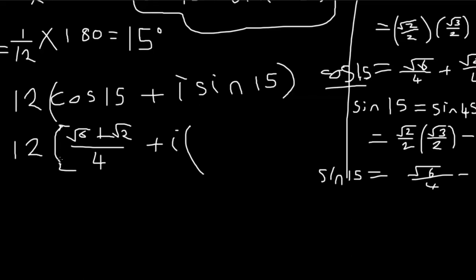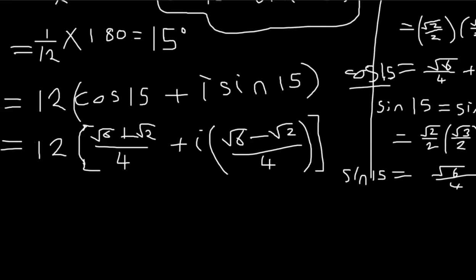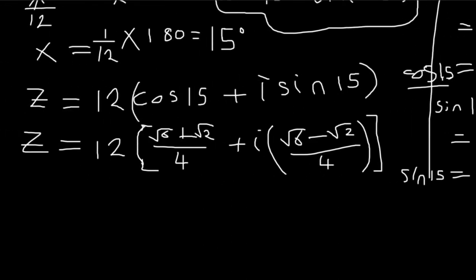So sine of 15 we found to be root 6 minus root 2 over 4. Put it in brackets like that, and then close with curly brackets. And then you multiply throughout by 12 to find z.